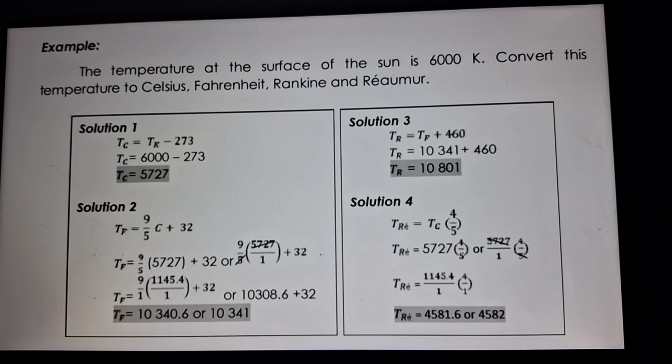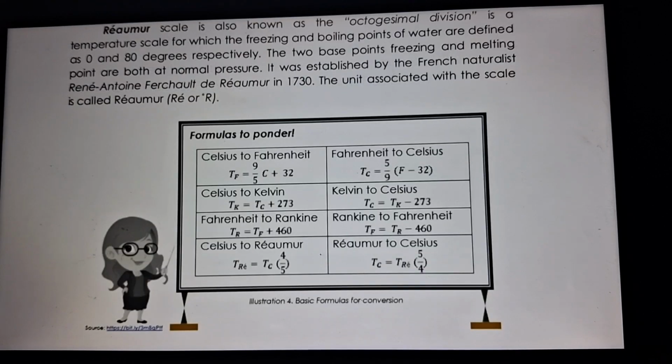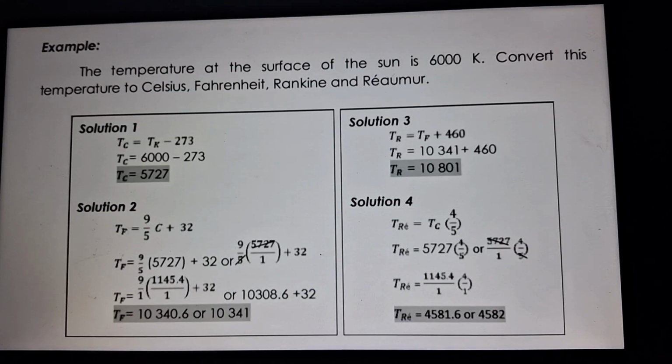So the solution for example number 1: the temperature at the surface of the sun is 6000 Kelvin. Convert this temperature to Celsius, Fahrenheit, Rankine, and Reaumur. So for solution 1, we are going to find the Celsius.